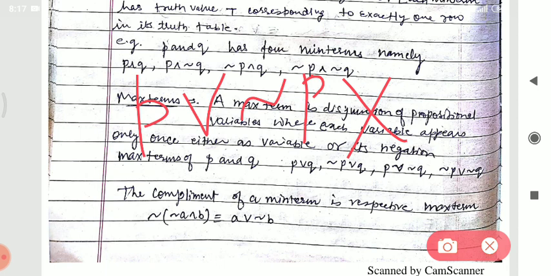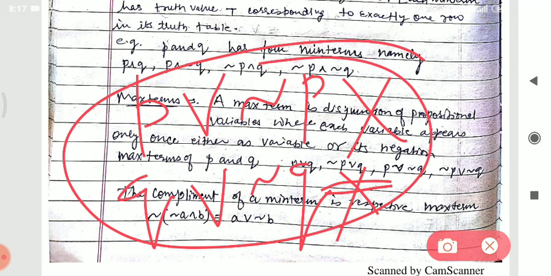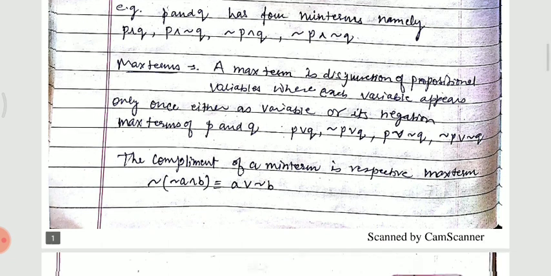So we take only disjunction, fundamental disjunction, but P and negation P should not come together. Similarly, Q or negation Q will not be a max term. So these two terms should be excluded. Fine. This is the concept of max term.